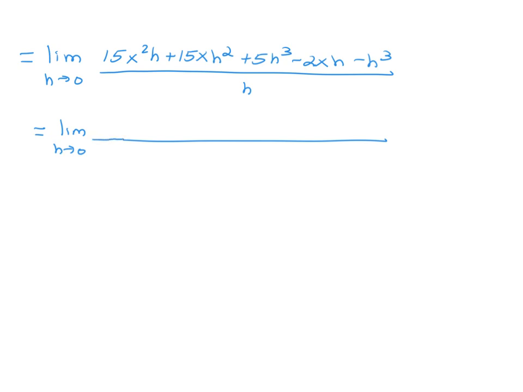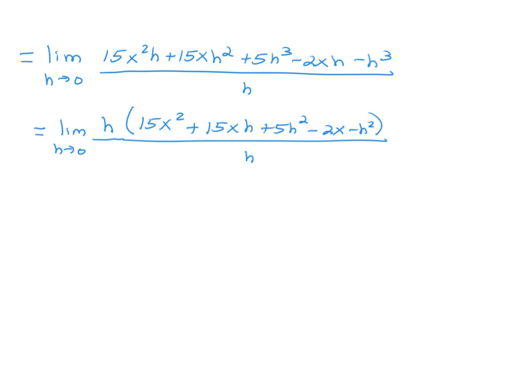So let's see, that's going to be h times. Okay, so here it's only going to be 15x squared that's left over. The next term is going to be 15x and only a single h remains. Then we'll have 5h squared minus 2x and then minus h squared. And this is all over h.